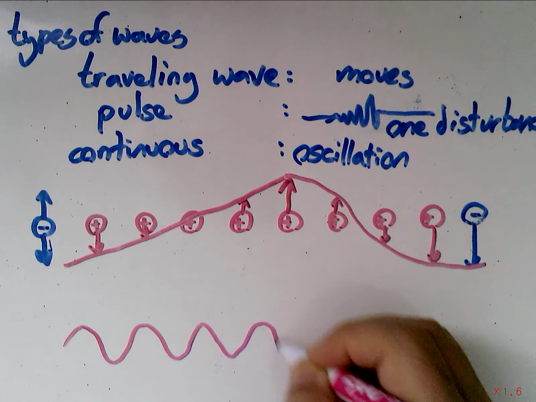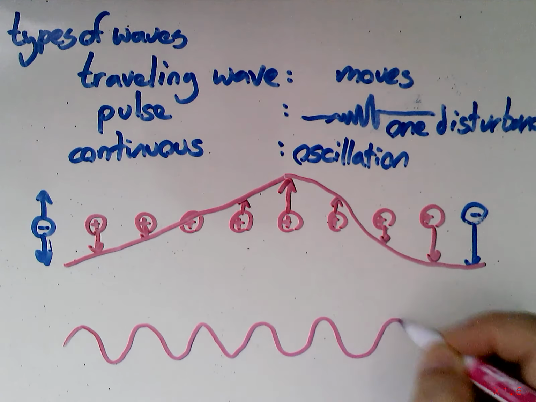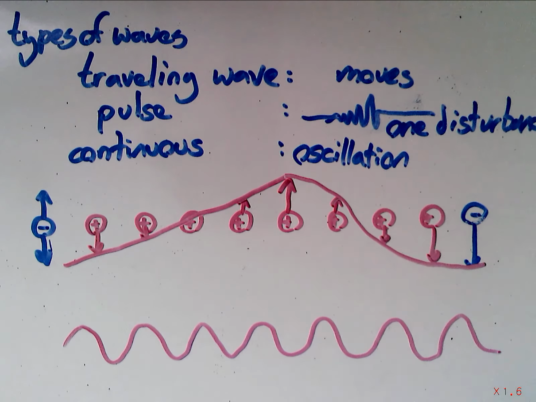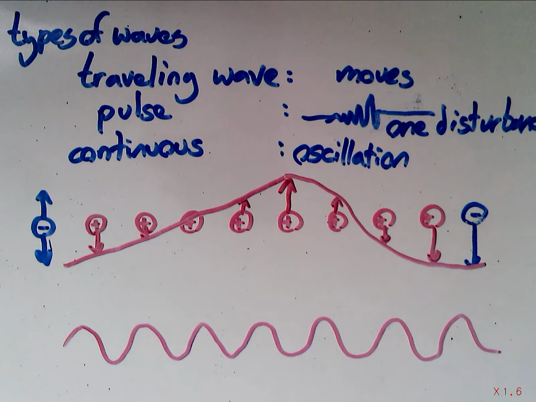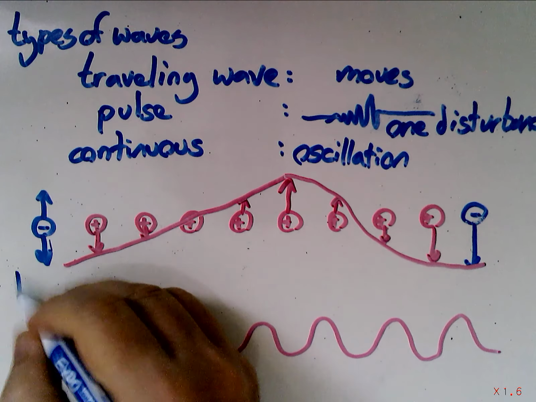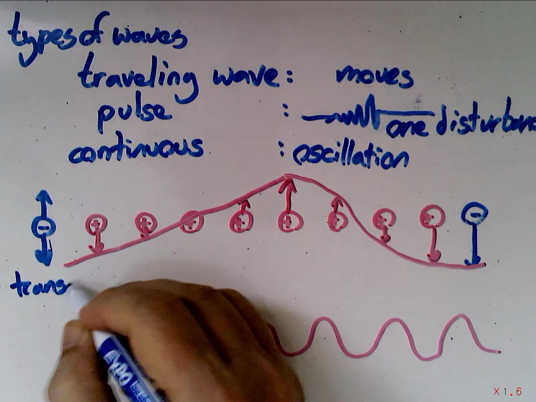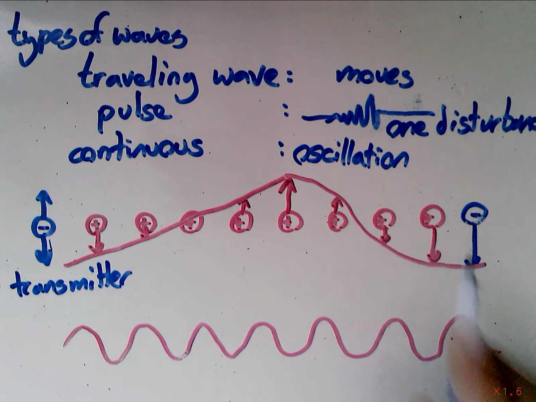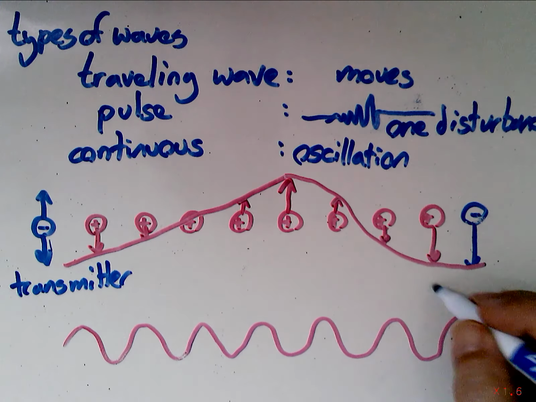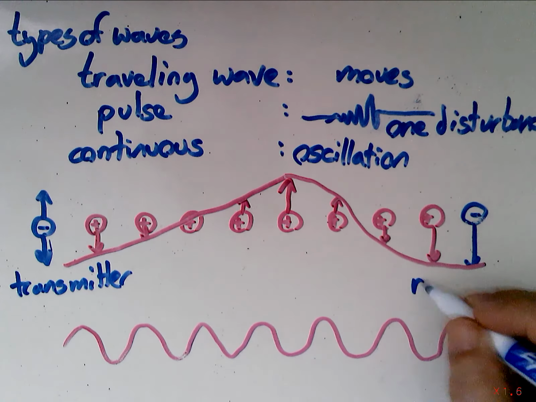You just keep on bouncing that charge up and down. You get a wave that looks like this. It's going to be tugging all of these things, so it's doing some work. So this electron in your transmitter is losing energy because it's doing work on all of these things. And this electron over here, you can say, is a receiver.